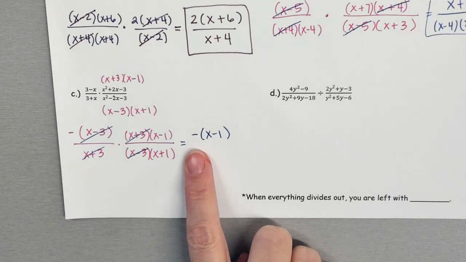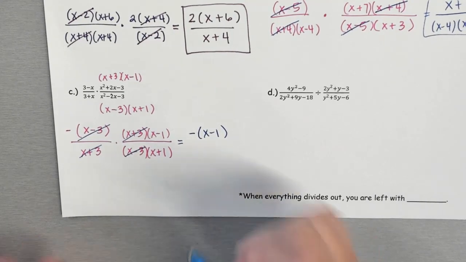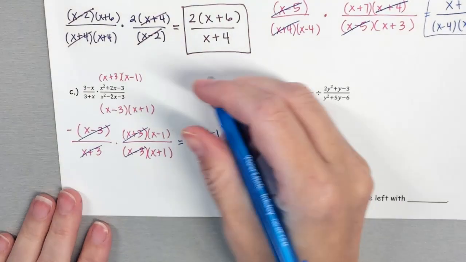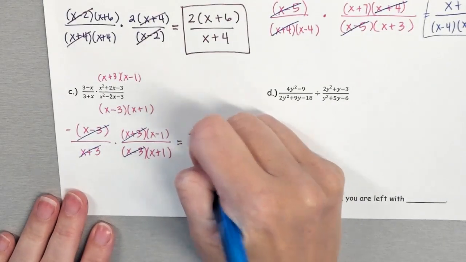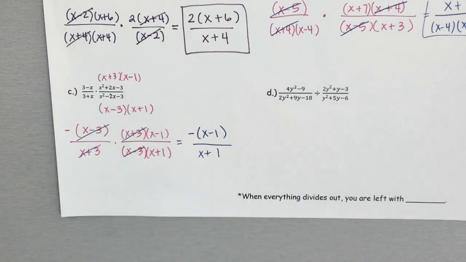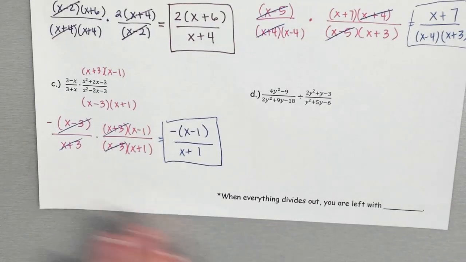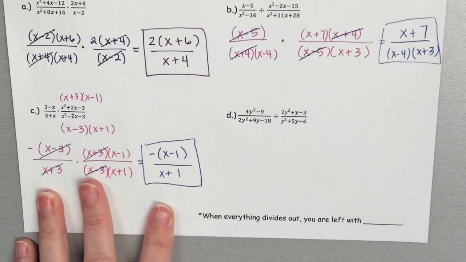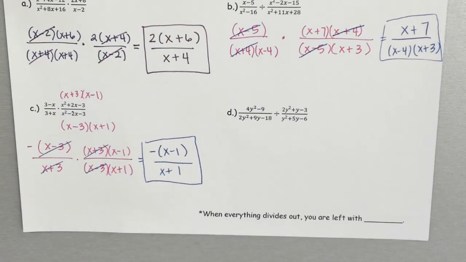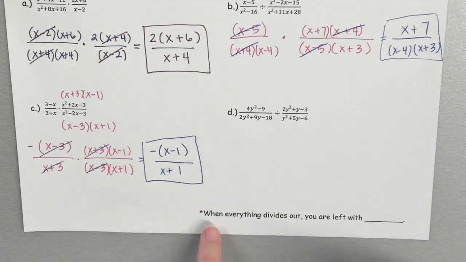If you wrote negative x plus 1, that would be okay as well. Okay, so you could write it like that, or you could write it as negative x plus 1. Okay, and I know I'm going kind of fast through those, and that's only because we did all the factoring together last week. So I feel like you guys are good at your factoring rules.